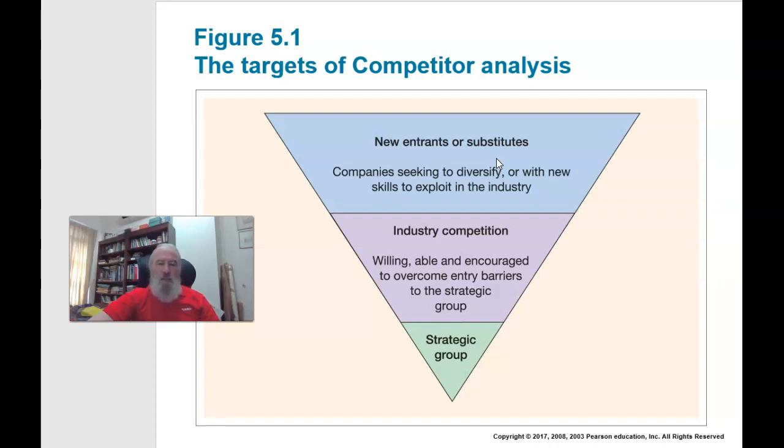What the Japanese army did when they conquered Singapore was they used bicycles. So you could cycle to Singapore if you were that way inclined. So it is a substitute. You need to analyse the level of industry competition, and there's that magic term, entry barriers, and that tells you which strategic group you are in.